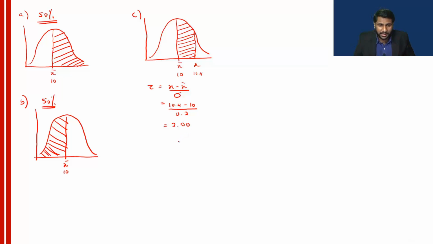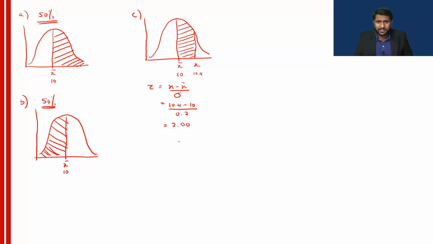Always keep in mind, a very important thing that I am telling you: the z-score should be written to 2 decimal places. It is a must, because when you are finding the figures from the normal distribution table, you can find them only if you have the z-score to 2 decimal places.